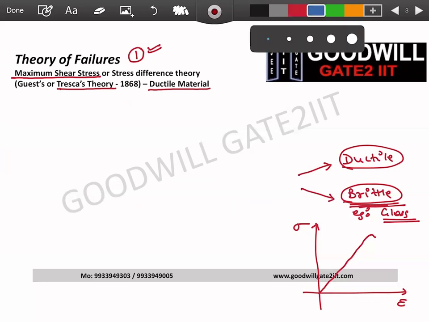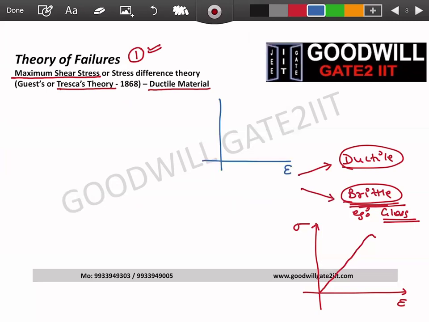But when it comes to ductile materials, I hope you recall your basic elasticity lecture where we discussed this. There is a linear portion, then a non-linear portion, then there is a yield stress, which we name sigma y. And after this, you have some behavior like this.